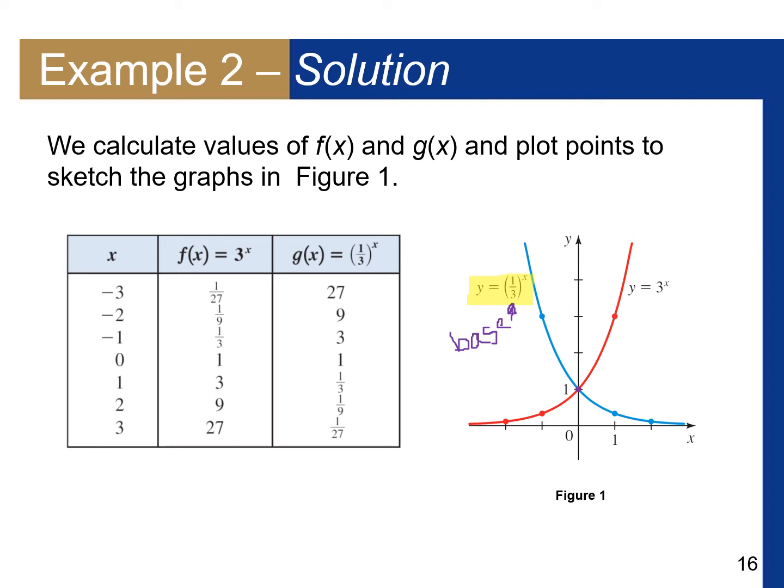If your base is greater than 1, so bigger than 1, then you will have a graph as this red graph going this direction. And there's a table of values to support that.